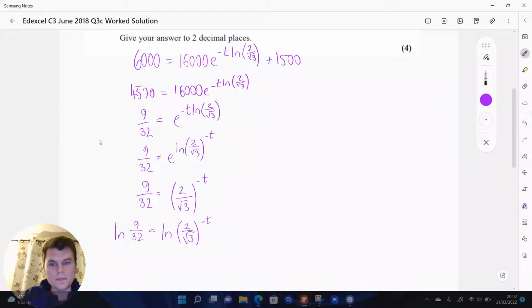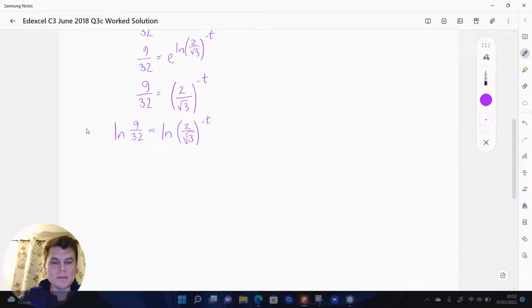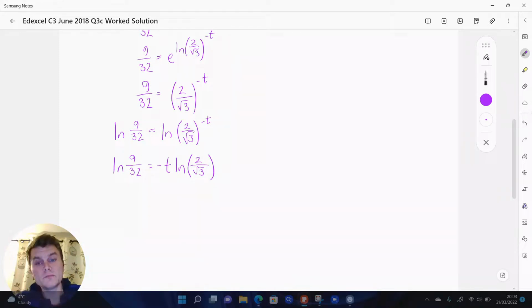Next step now, bring that minus t back down. And we have ln 9 over 32 equals minus t ln 2 over root 3.